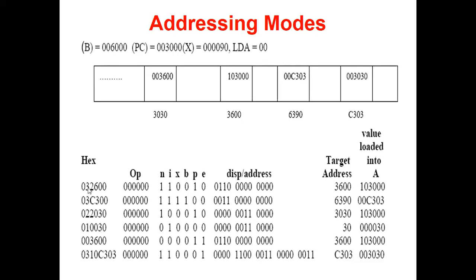I was saying that a question can come and they give you a number like this one, 03 2600. And they say, can you please tell us what that instruction is supposed to be doing? Someone will say that is a SIC/XE instruction.